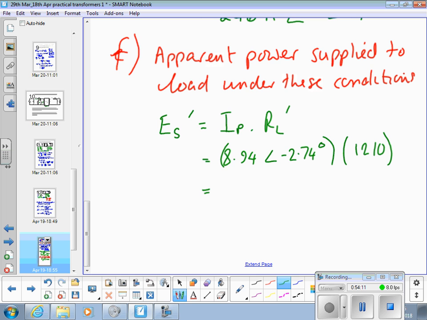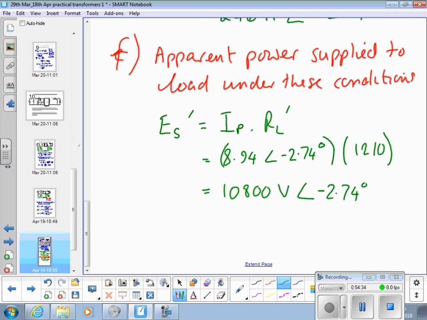That gives 10,800 volts, angle minus 2.74 degrees.